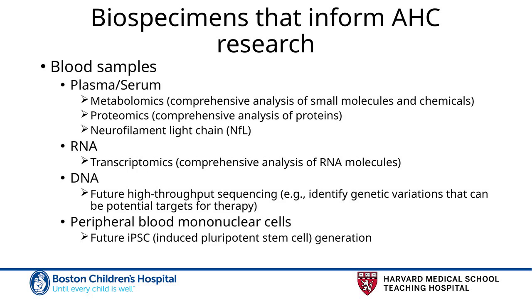There are also RNAs that Tim Yu earlier talked about. It's an intermediate molecule between DNA and protein, which we can detect from the blood and analyze comprehensively. That's called transcriptomics. And then we have DNA.